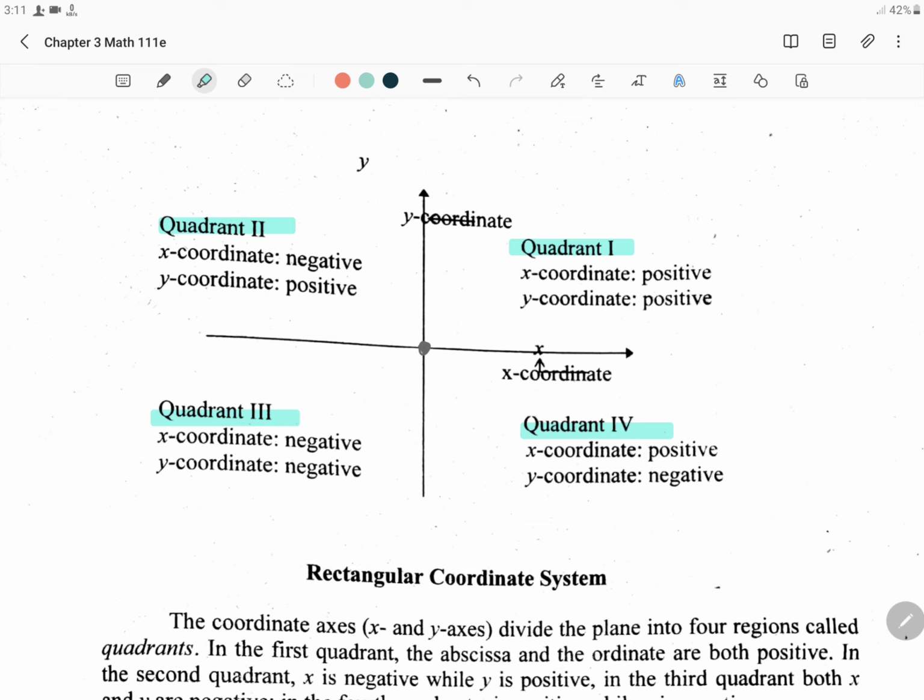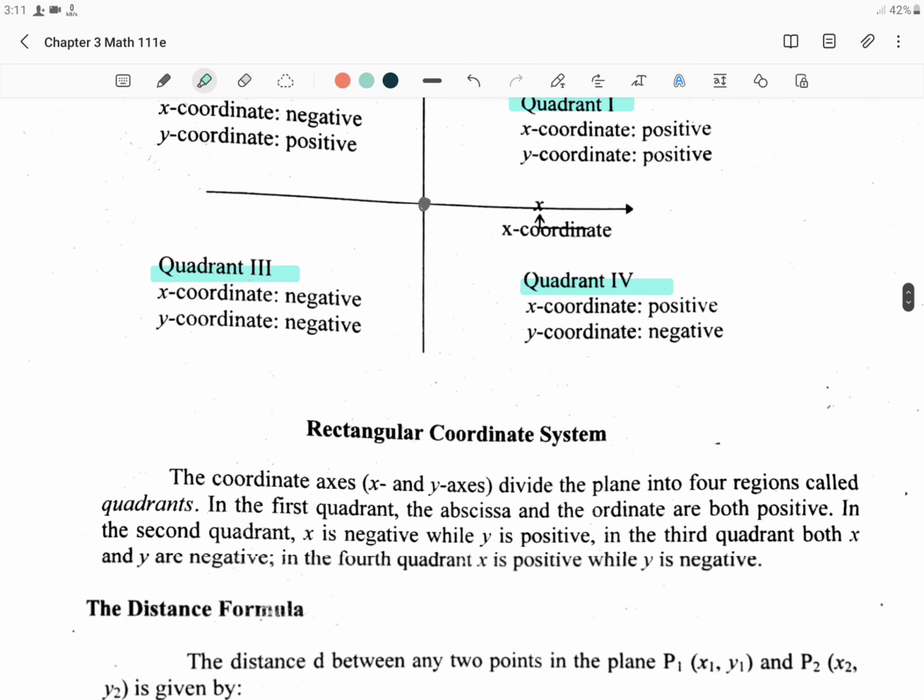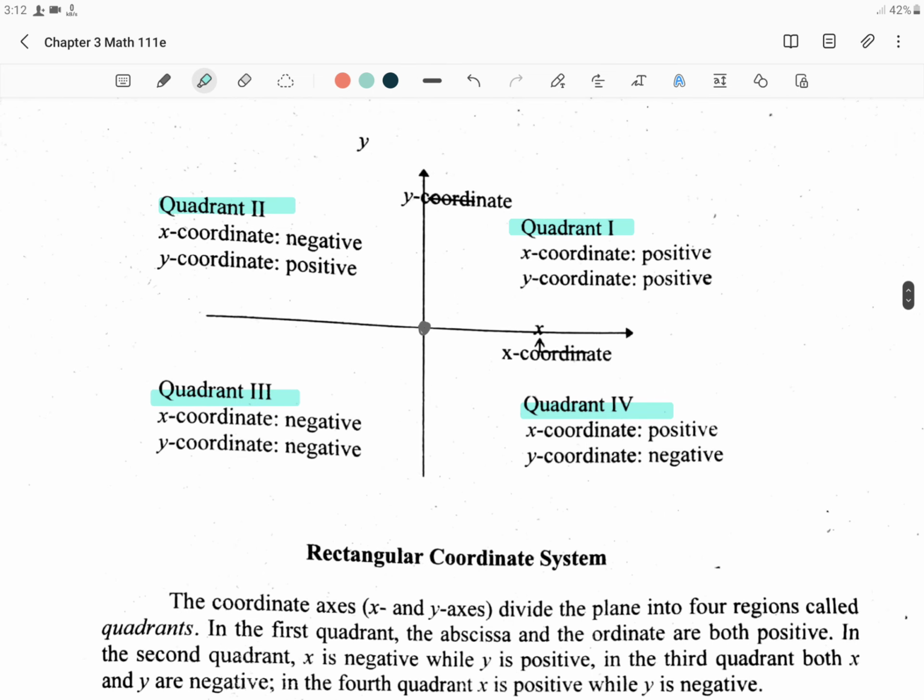So we are also given information about our x and y coordinates. Dito sa first quadrant, positive, positive. Sa second quadrant, negative, positive. And sa third quadrant natin, negative, negative. Sa fourth quadrant naman natin, we have positive and negative. And that is because nakadepende yan sa direction ng x and y natin.